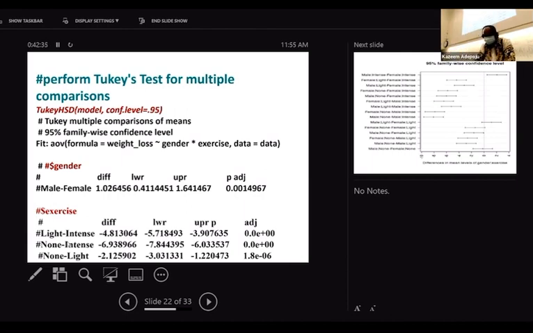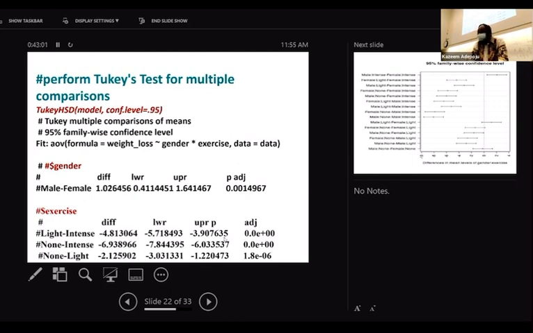Now, take a look at the first one. We are comparing light exercise with intense exercise. You can see the p-value is almost 0. That is significant, which means there's a difference between when you do light exercise and when you do intense exercise in terms of weight loss. Now, what about none and intense?